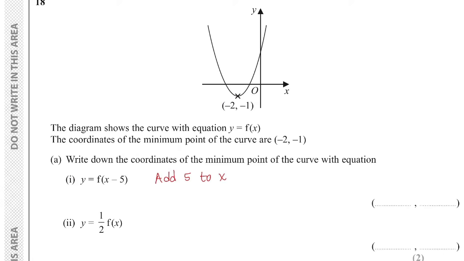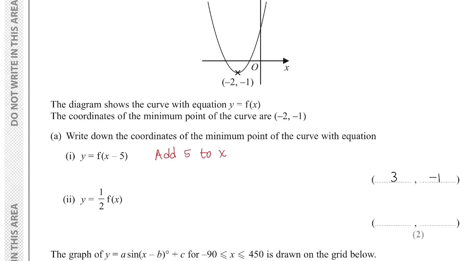So this means that it will take me to 3, -1. Whereas y is a half of f(x) means that I will multiply the y's by half. So this is changing the coordinates of -2, -1 to -2, -a half.